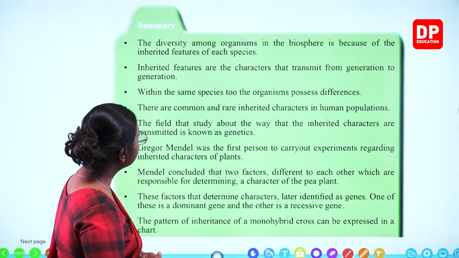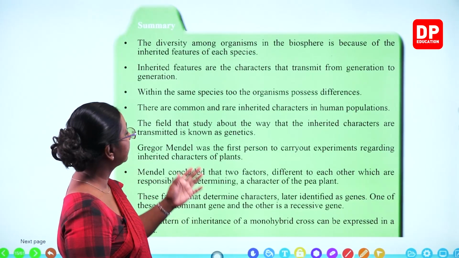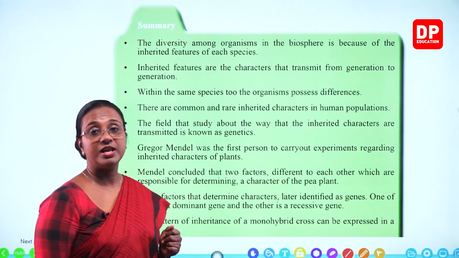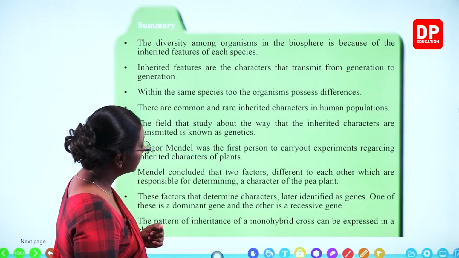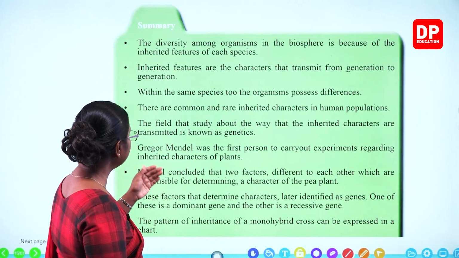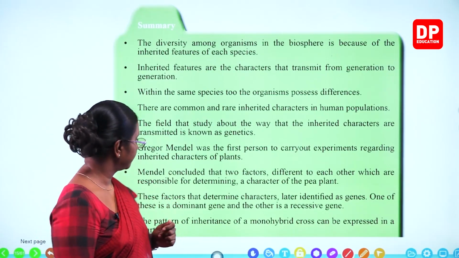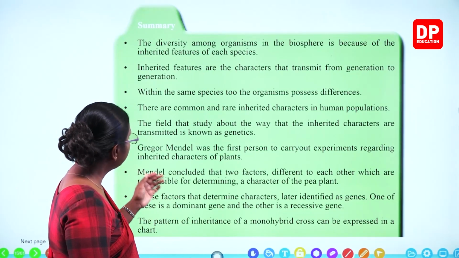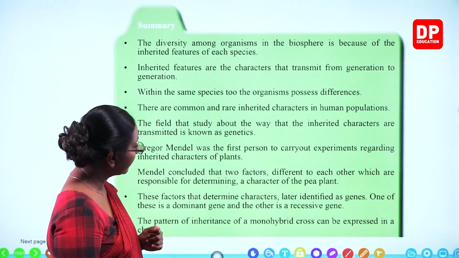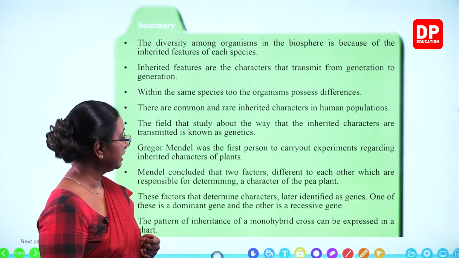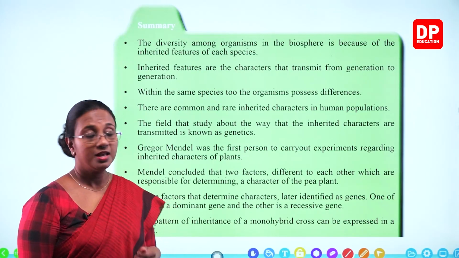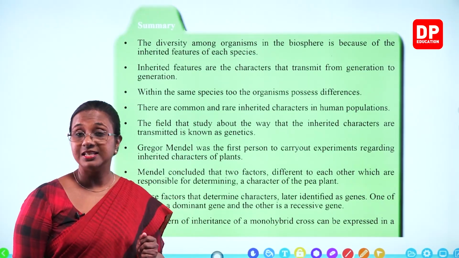The field that studies the way that the inherited characters are transmitted is known as genetics. Gregor Mendel was the first person to carry out experiments regarding inherited characteristics of plants. Mendel concluded that two different factors are responsible for determining a character of the pea plant. Now all these are what we discussed in the lesson.